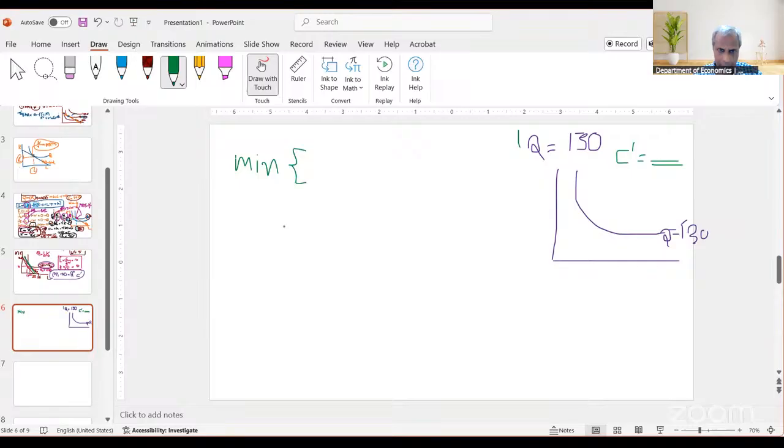This is the objective now, subject to a given amount of output.